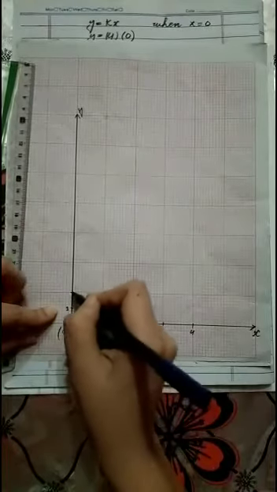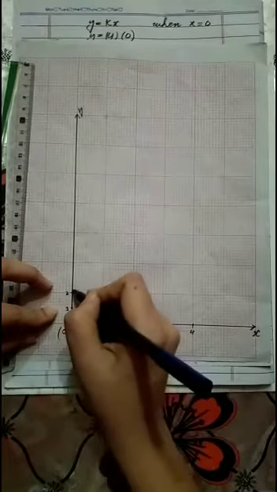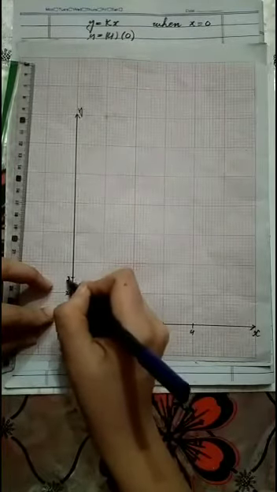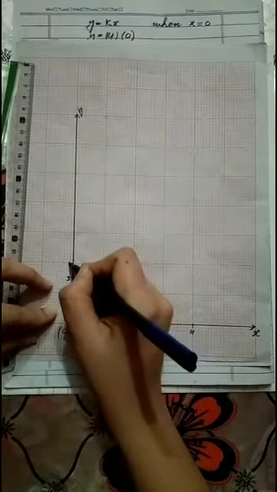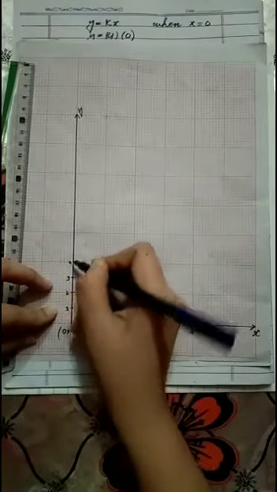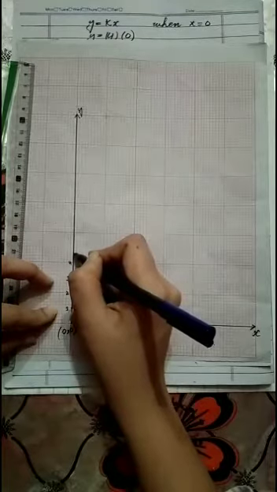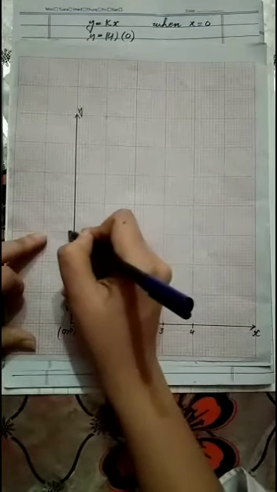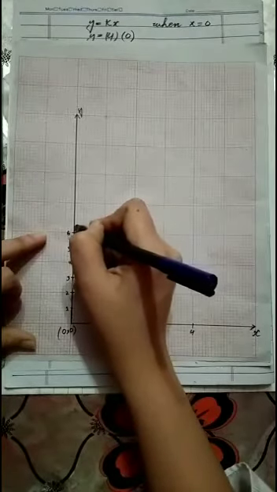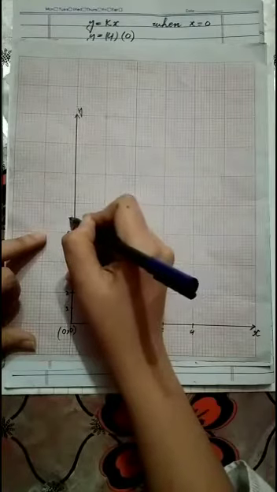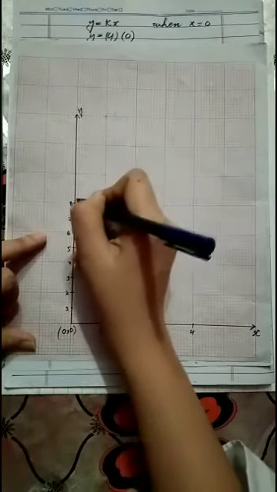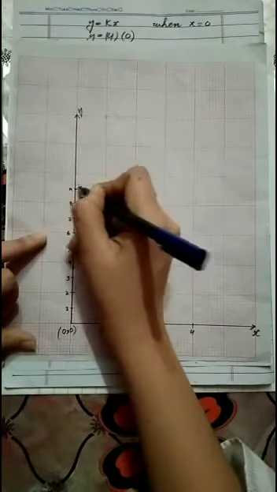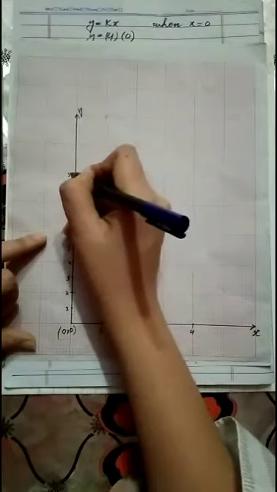So 1, 2, 3, 4, 5 is 2, then 4, 6, 8, 10. So the scale is 10 now.